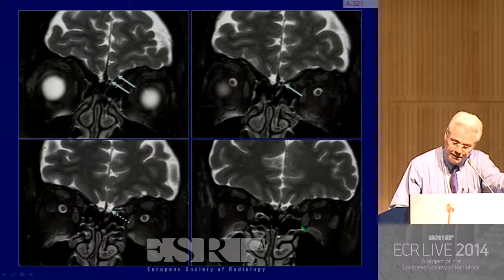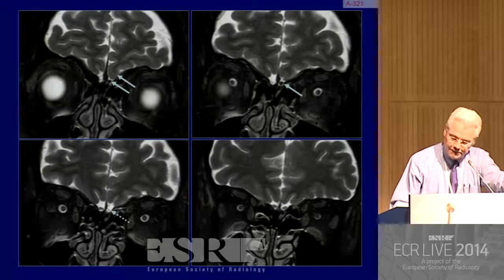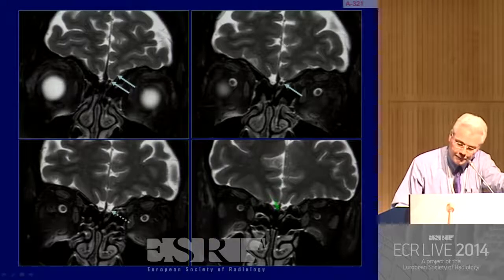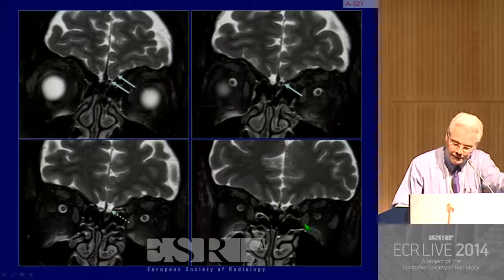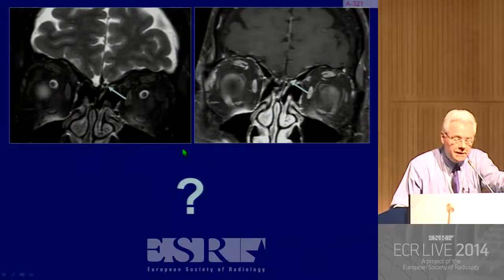And on the last, most posterior image, you see that you have normal bulbs on both sides and normal olfactory sulcus.